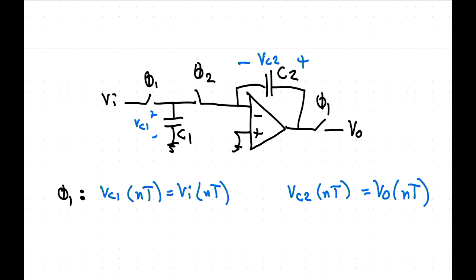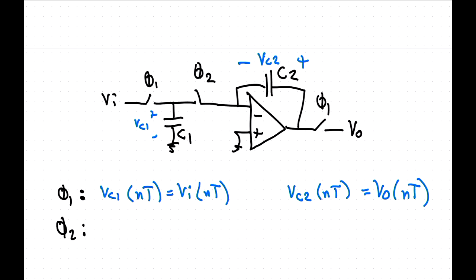Now we open circuit all of these phase 1 switches and see what's going to happen at the end of clock phase 2. When we do that, we short circuit that phi 2 there. Now we've got virtual ground and the negative input, so C1 is going to be discharged.